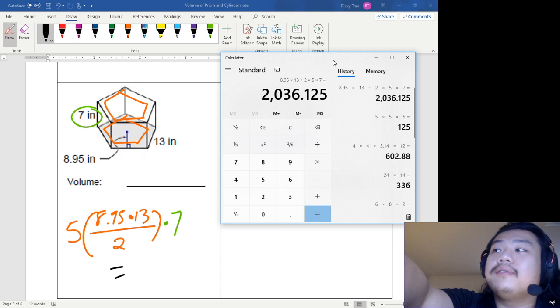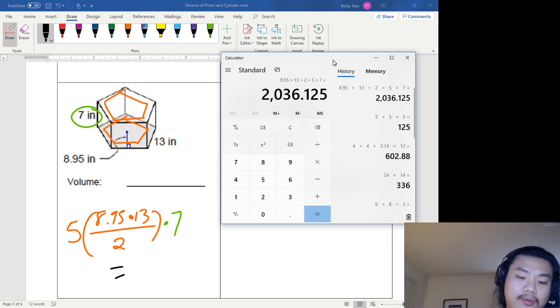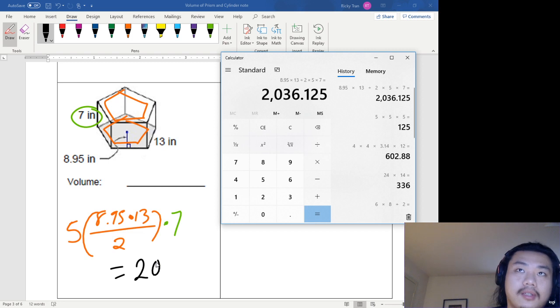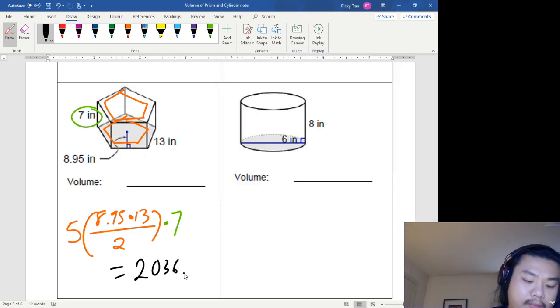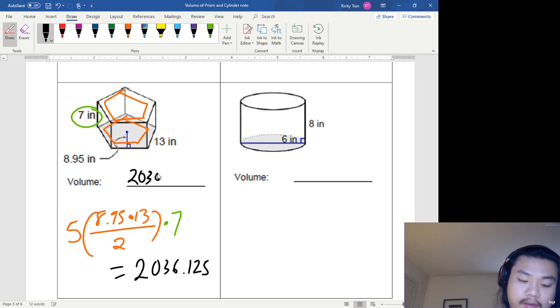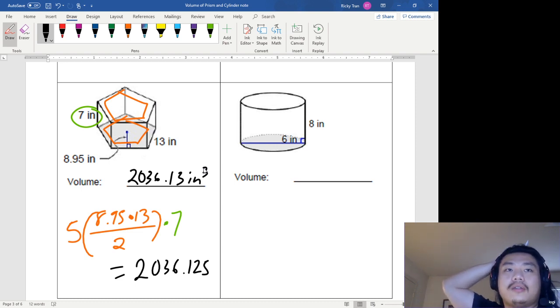There we go. 2036.125. And if we round that, 2036.13 inches cubed. Remember, we always round to the nearest hundredth, 2 decimal places. All right, nice and easy.